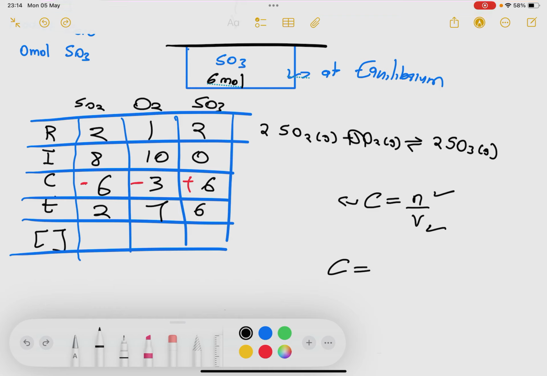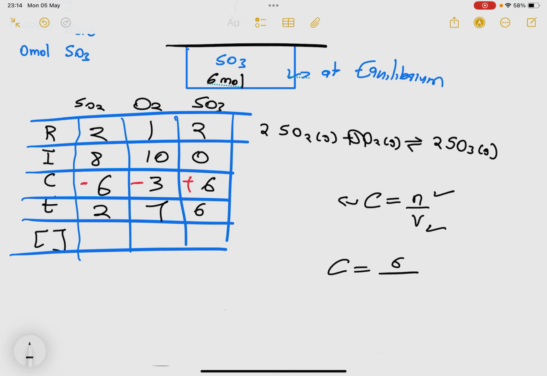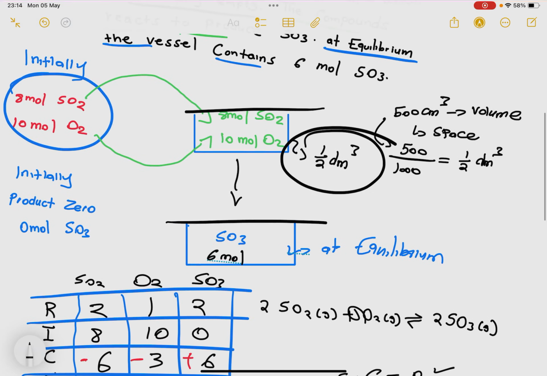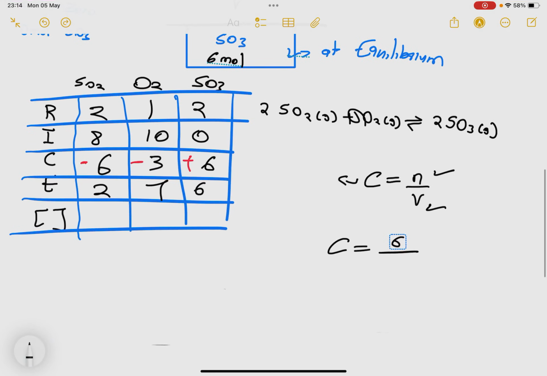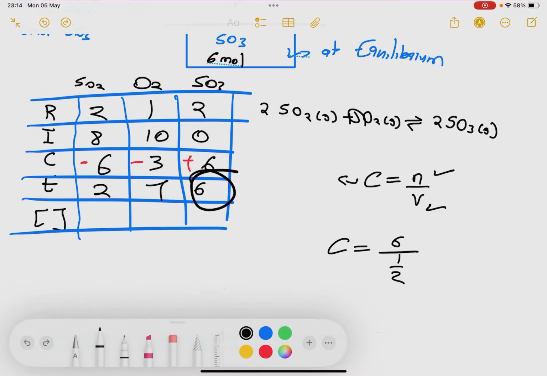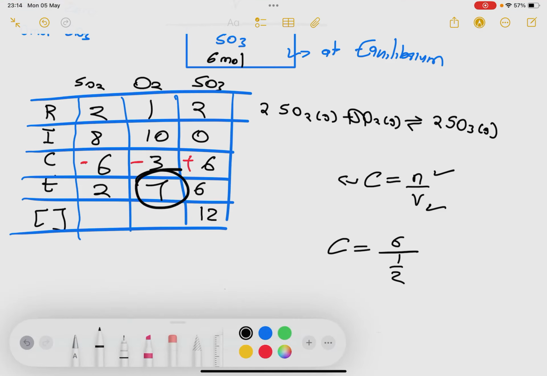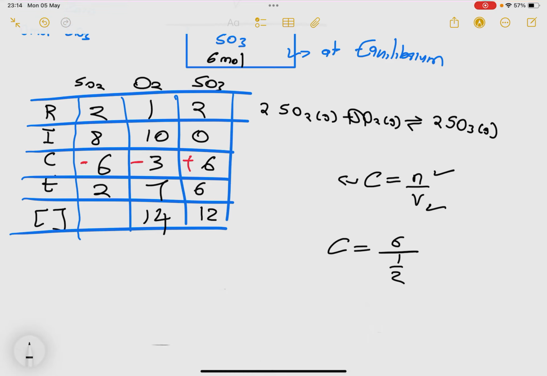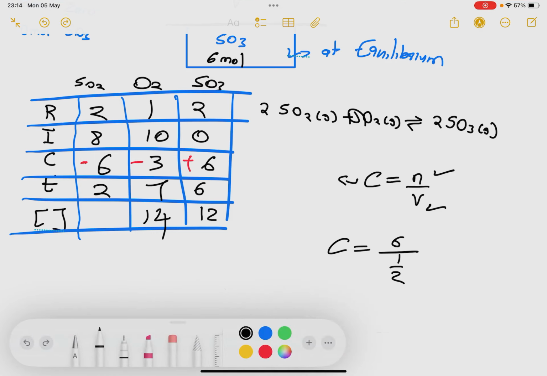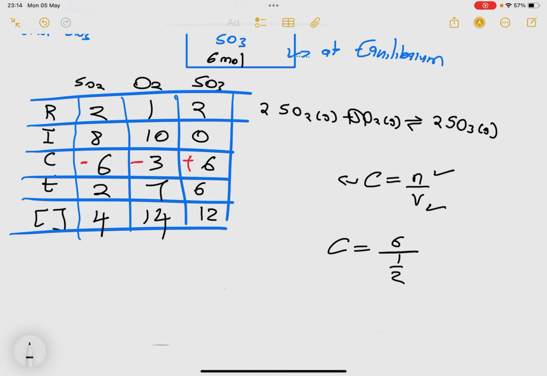What is the number of moles? It's 6, and you divide it by the volume, which is 1/2. So it is 6 divided by 1/2, which is 12. Even here, 7 divided by 1/2 is 14. And 2 divided by 1/2 is 4.